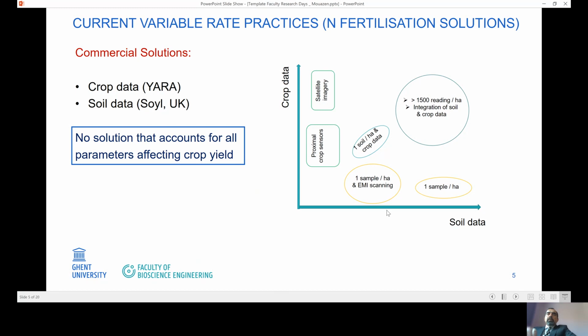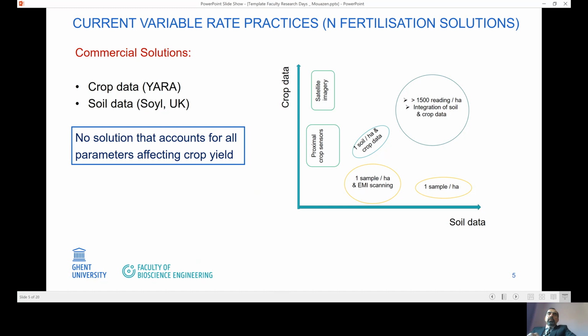The other commercial solution of nitrogen fertilization is based on EMI scanning, followed by the collection of one sample per hectare, or per field, or per management zone, and these samples are sent to the laboratory for determining the mineral nitrogen, and based on that, a recommendation for variable rate nitrogen fertilization is established.